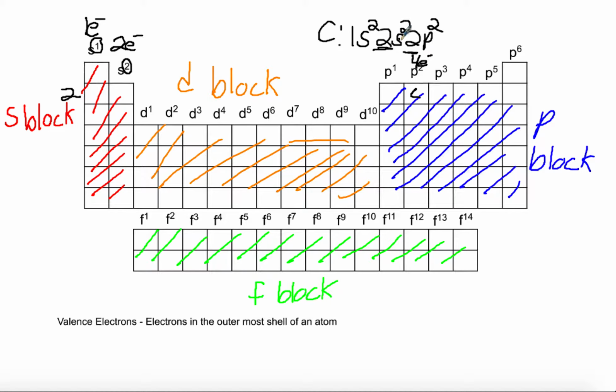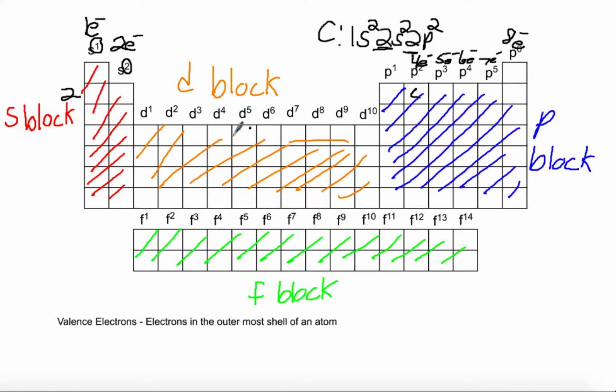Similarly here we have a 2s2 and a 2p3, so there are 5 valence electrons, 6 here, 7 here, and 8 here. So essentially our columns not only correspond to the letter orbital or the shape of the orbital and help form these blocks, but they also correspond to the number of valence electrons, ranging from 1 valence electron all the way down to 8.